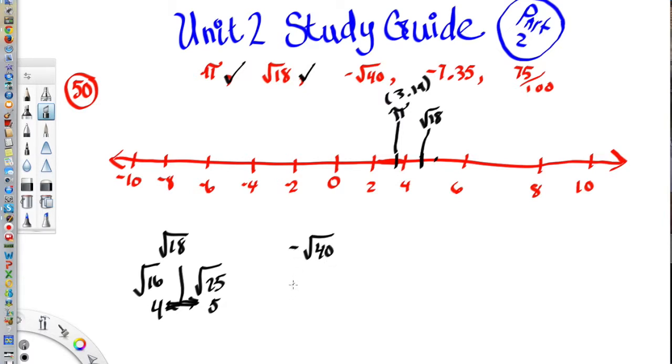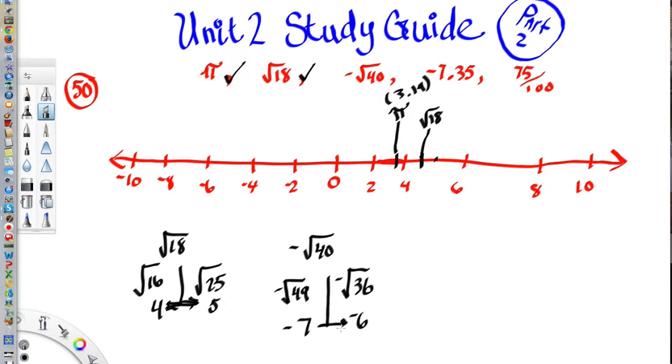Then I have the negative square root of 40, and I'm going to just focus on the negatives. The negative means I kind of have to switch the order. So it would be between the negative of the square root of 36 and the negative of the square root of 49. Okay, the negative square root of 36 would be negative 6. The negative square root of 49 would be negative 7.